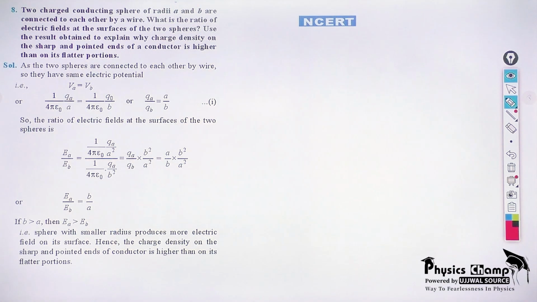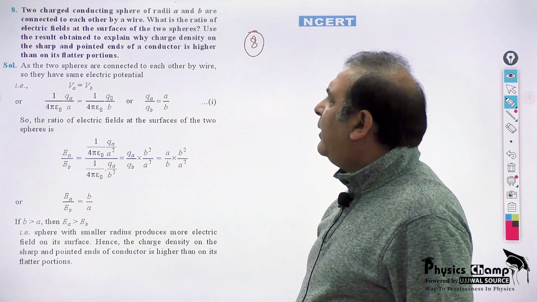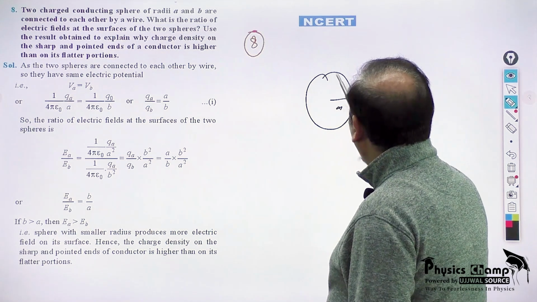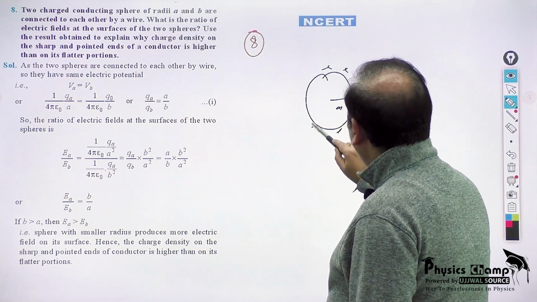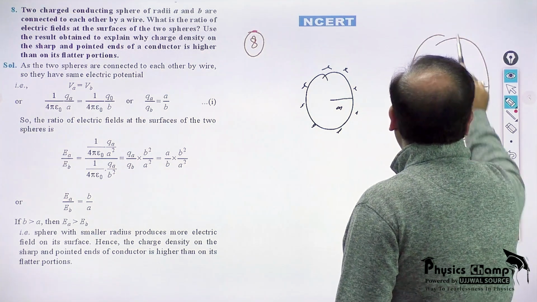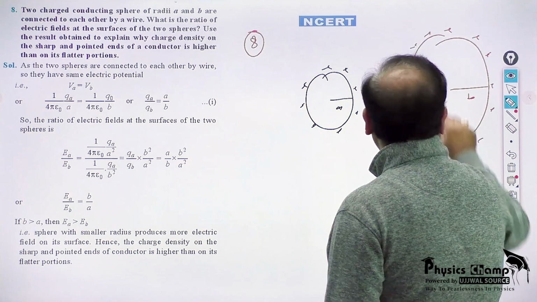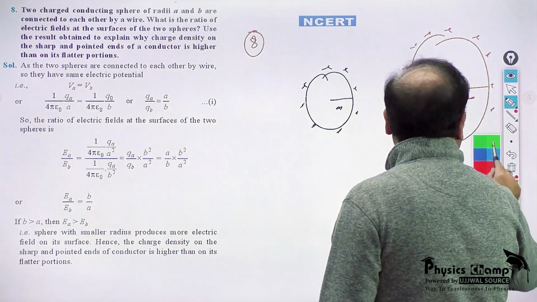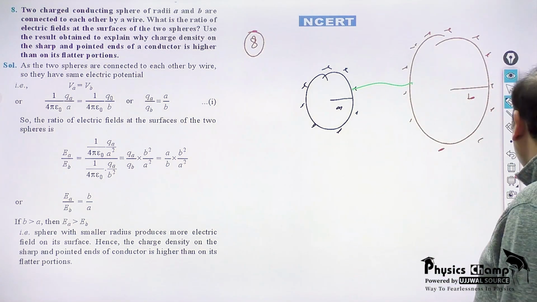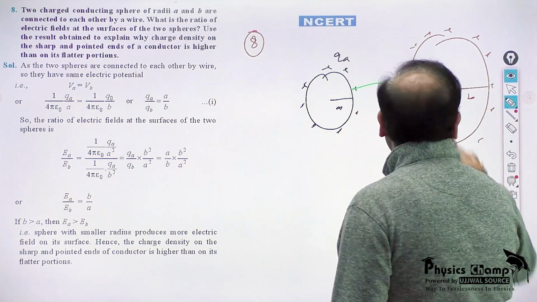Now looking at question number 8 of NCERT. Two charged conducting spheres of radius A and B are connected to each other by a wire. So on one side I have a charged conducting sphere of radius A and on the other I have a charged conducting sphere of radius B. And these two charged conducting spheres are connected by a wire. So one thing we can understand, say one has a charge QA and the other has a charge QB.